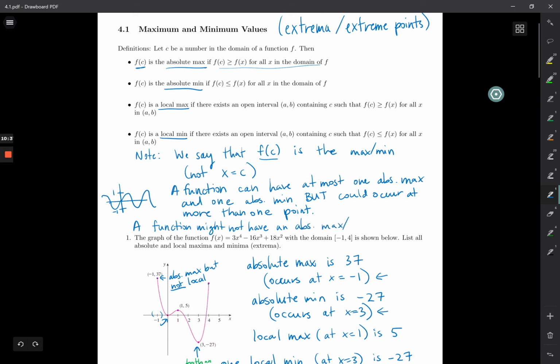In fact, if we look at the function 1 over x, which looks like this, right?